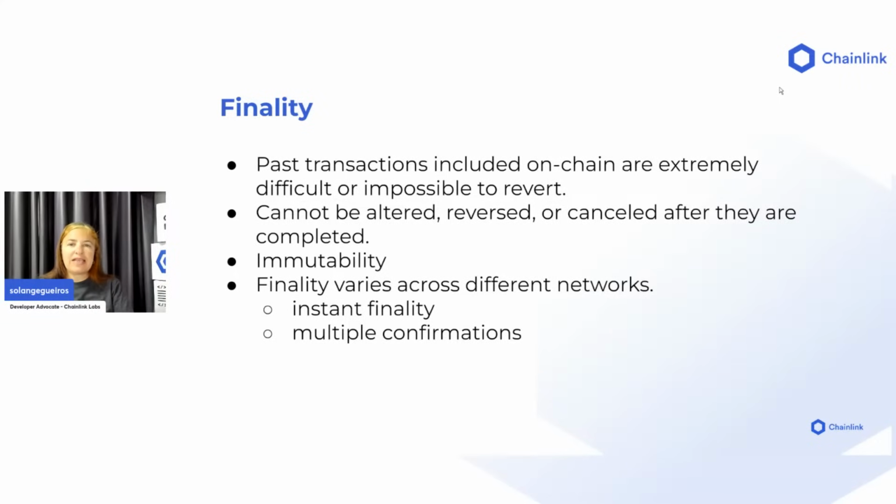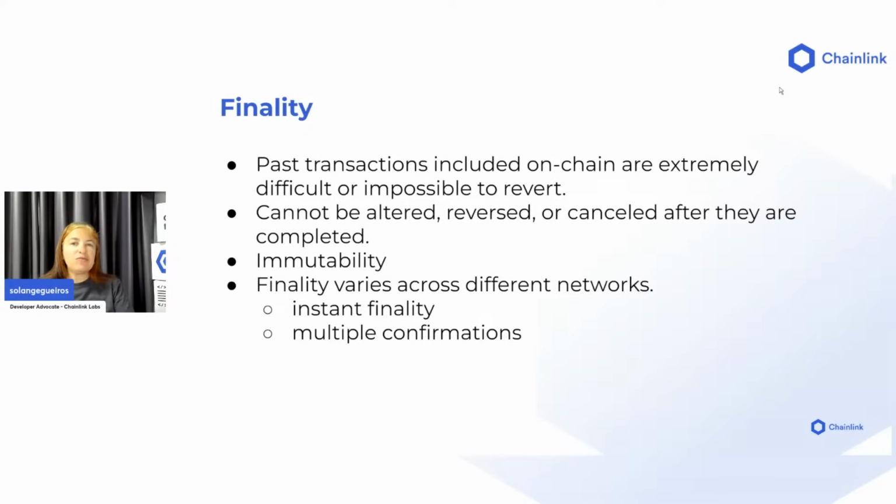So we say that to have trusted finality, we must have some amount of blocks after the block your transaction was validated. And the amount of blocks depends on the network.